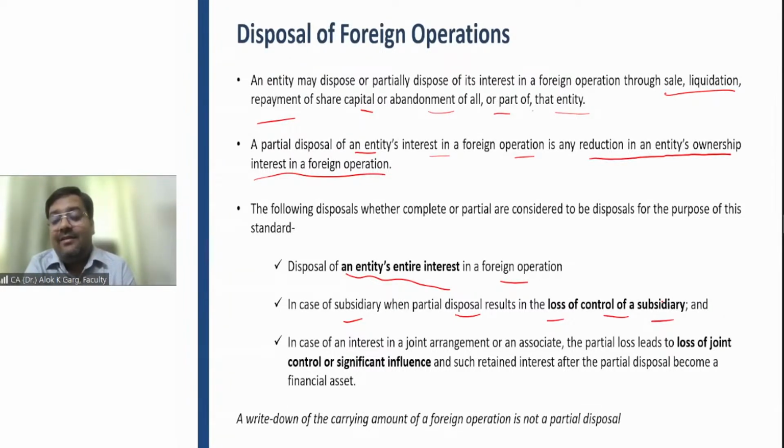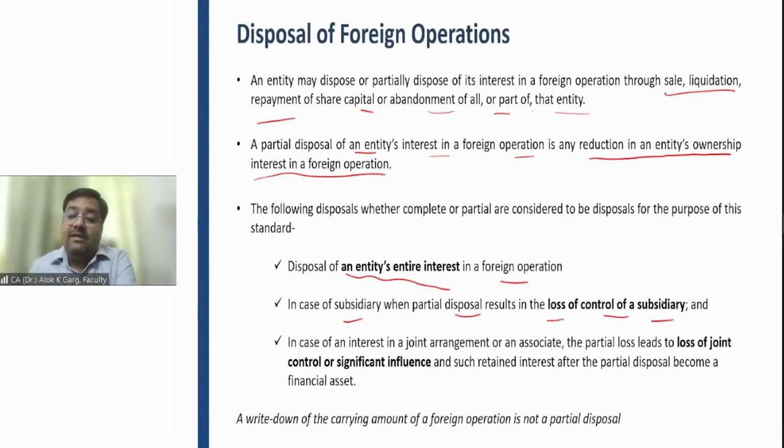But what happens if the partial disposal does not result in the loss of control of a subsidiary? पार्शियल डिस्पोजल तो किया लेकिन सब्सिडरी पे कोई लॉस ही नहीं, कंट्रोल मेरा लॉस ही नहीं हुआ. Earlier I was controlling, now also I am controlling. Earlier I was controlling with 80%, now I am controlling with 60%. कंट्रोल ही नहीं चेंज हुआ, राइट? सो कंट्रोल का परसेंटेज चेंज हुआ बट स्टिल आई एम कंट्रोलिंग.